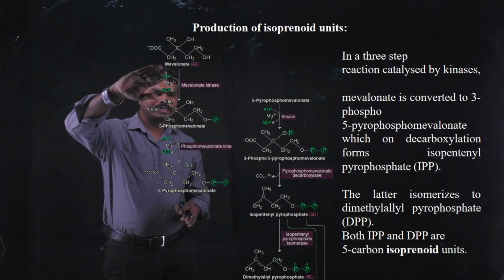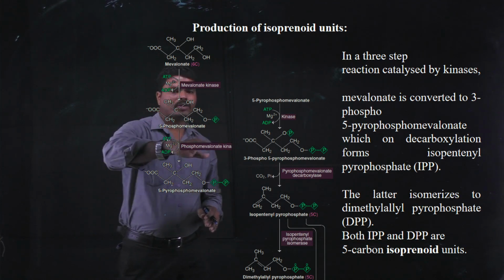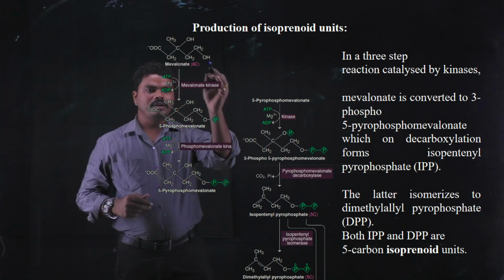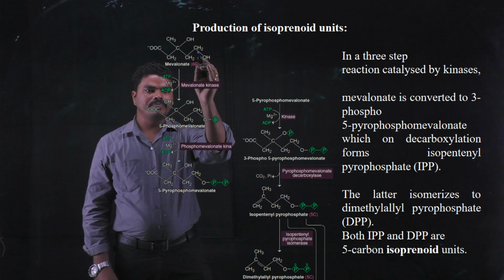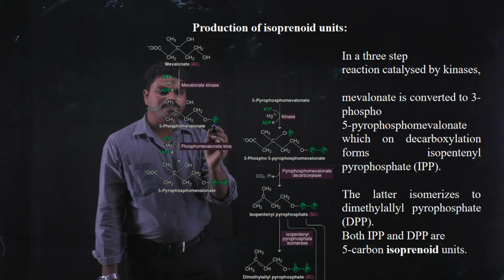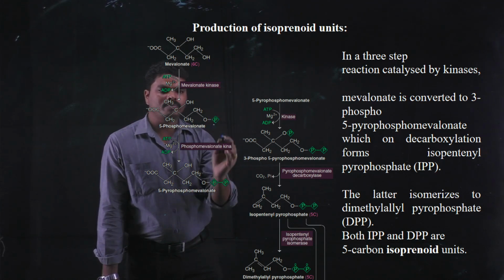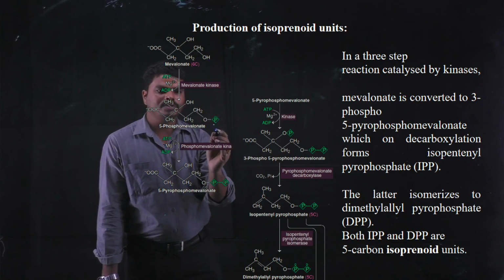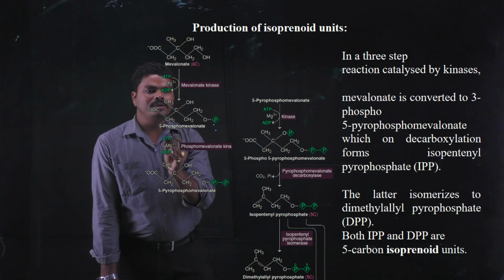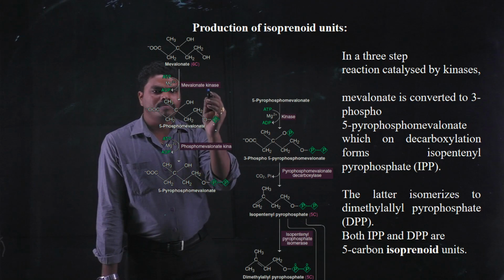First, the mevalonate is converted into 5-phosphomevalonate. Here a hydroxyl group is present on the 5th carbon, and this will be converted to phospho: the hydrogen is removed and a phospho group is attached at this position. That's why it is called 5-phosphomevalonate. This reaction is catalyzed by mevalonate kinase.